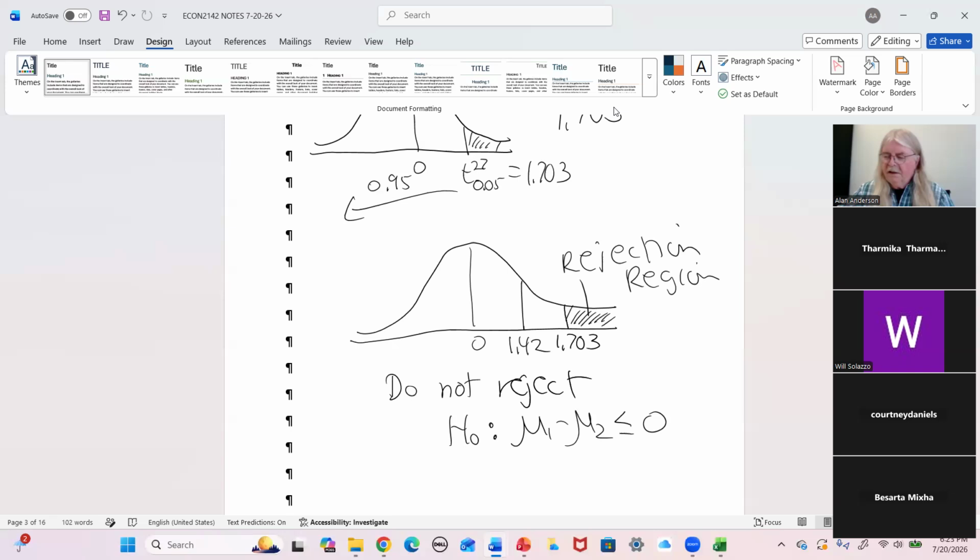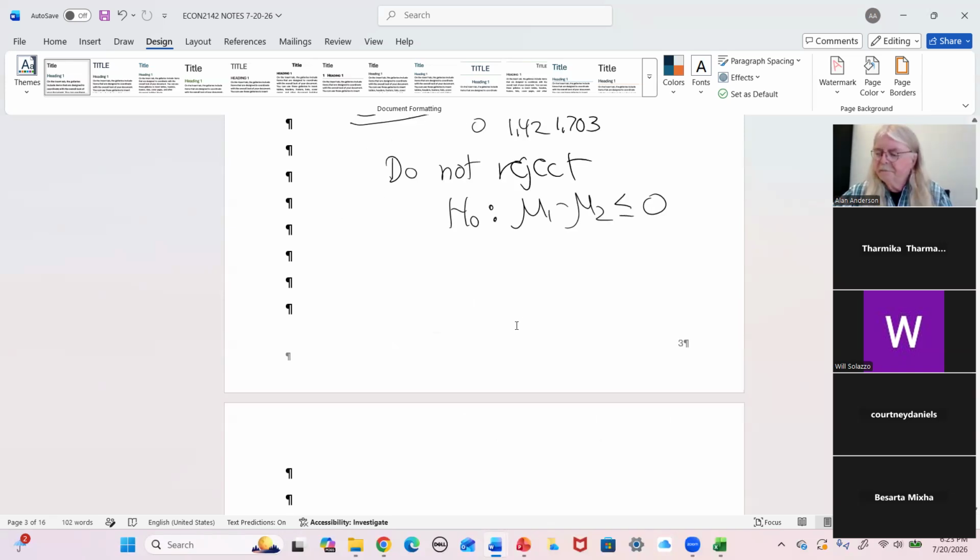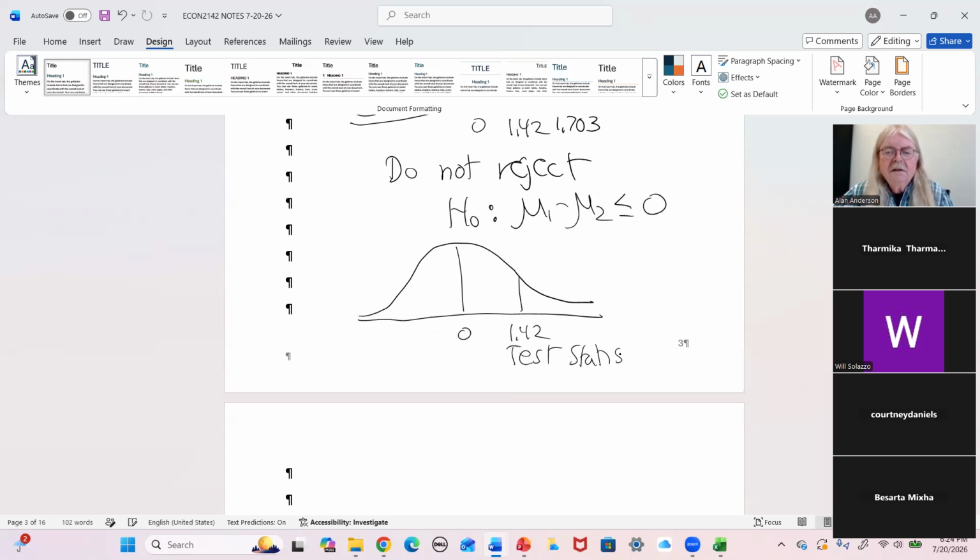So here, it's a right-tailed test. So anything above that, here's our test statistic. Consider the p-value.